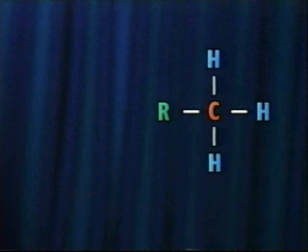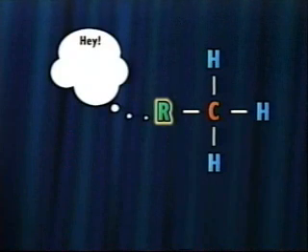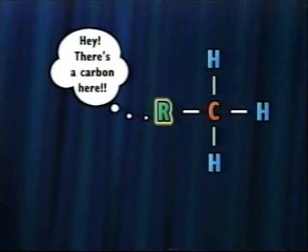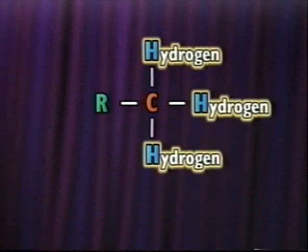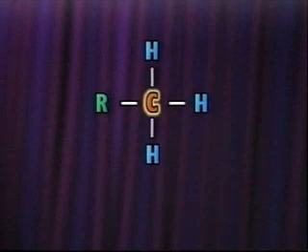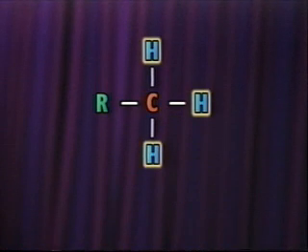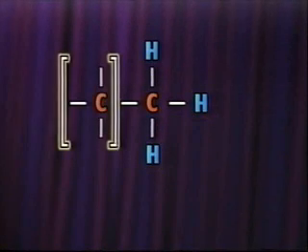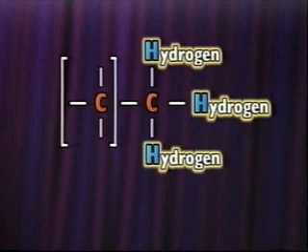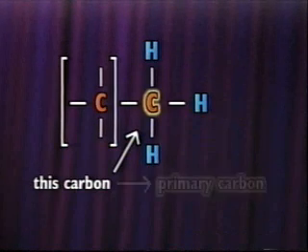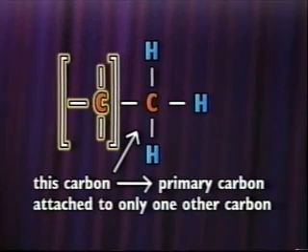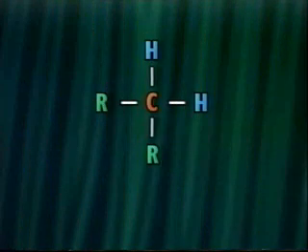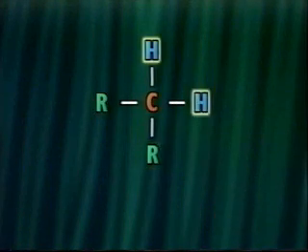All that's important is that we know that the R there is telling us that there's a connection to a carbon there. And H just means hydrogen, of course. So, this carbon here with one R and 3 H's is attached to one other carbon and 3 hydrogens. We call this type of carbon a primary carbon because it's only attached to one other carbon. And now, check out this carbon with 2 R's and 2 H's.